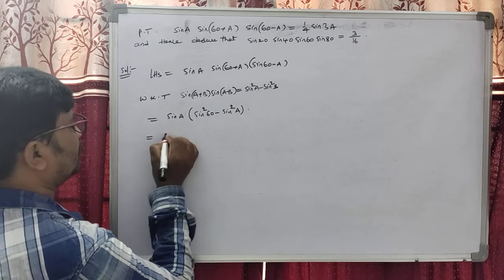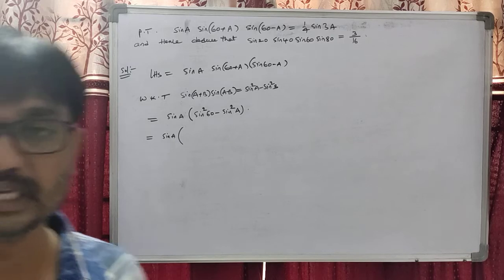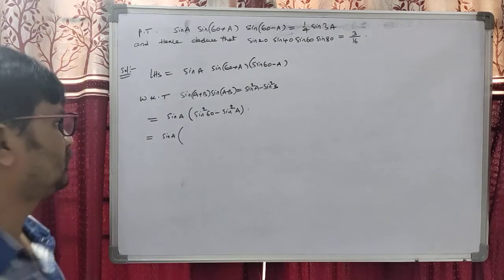The value of sine 60 is root of 3 by 2 whole square.